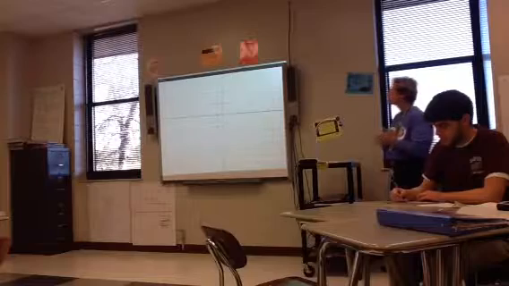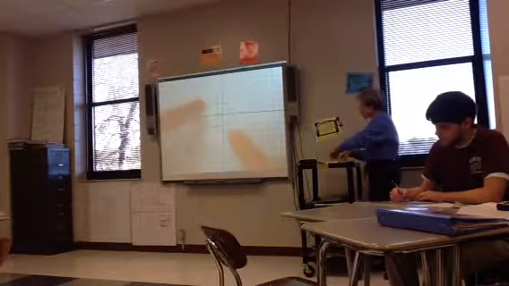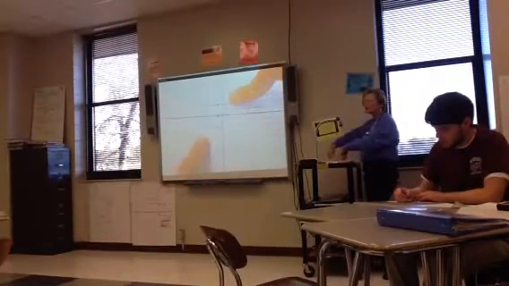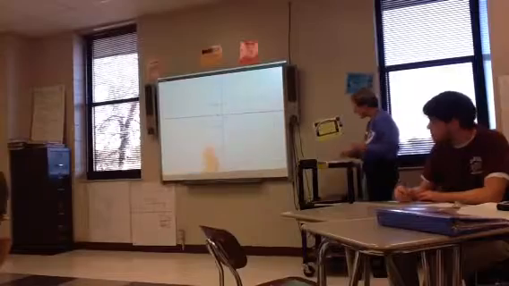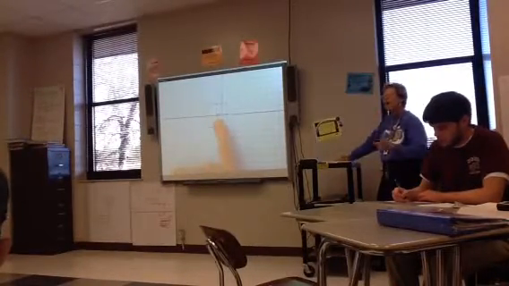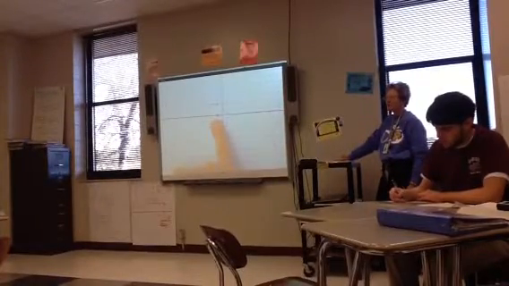Alright, that means my asymptotes have got to go through these corners, through the center. Which means my negative slope asymptote and my positive slope asymptote have got to intersect right here in the center.